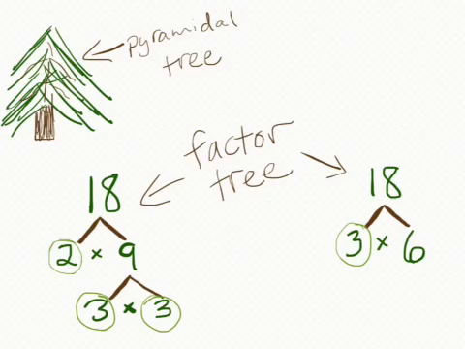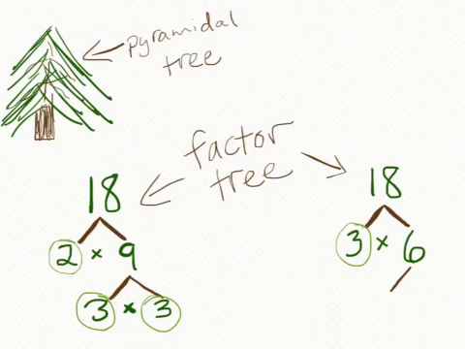All right, what about 6? 6 is composite, which means we need to keep branching. All right, so you could write the factors of 6 as 2 times 3, or you could write it as 3 times 2. I'll let you decide which way you want to do it.